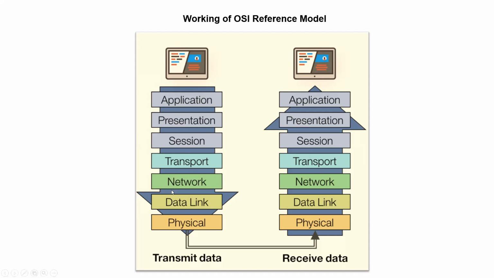Then the data link layer defines the format of the data on the network. And next is the physical layer, which transmits the raw bit stream over the physical medium.